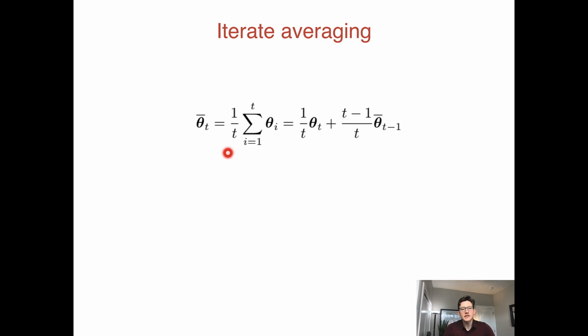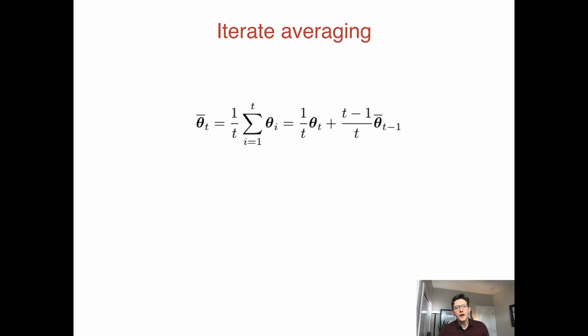We can write this as an average over iterations, or equivalently, we can write it like this, where we use the current update plus some constant multiple of the previous updates. This is going to greatly decrease the variance in our parameters, and generally will cause it to converge more often and more quickly when we're using stochastic gradient descent.